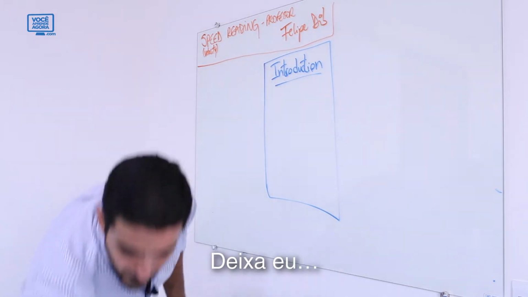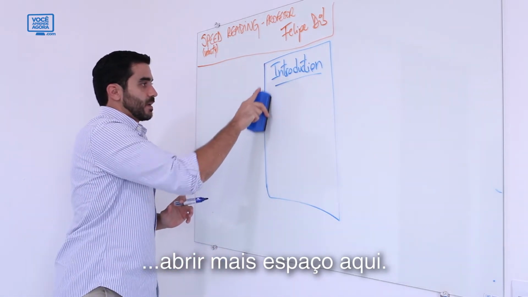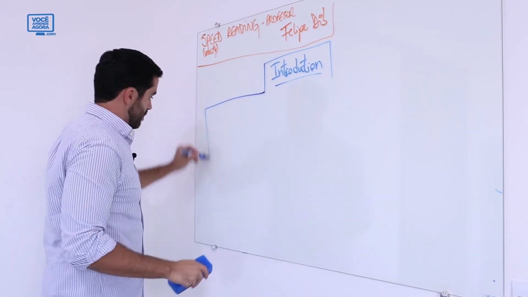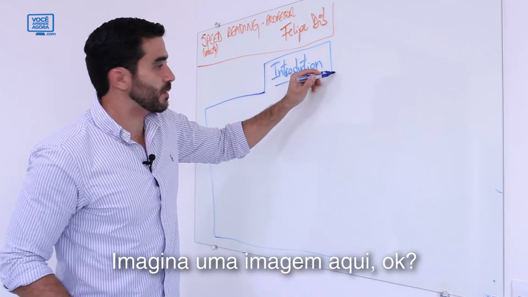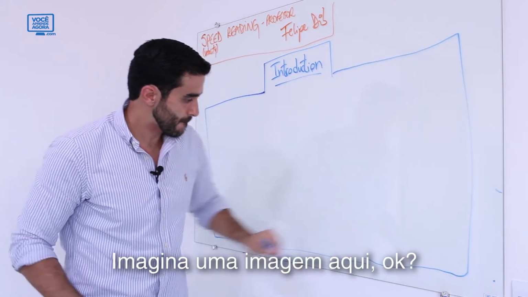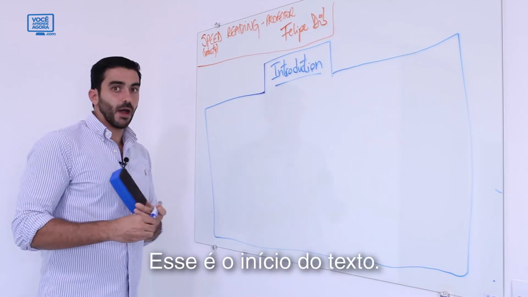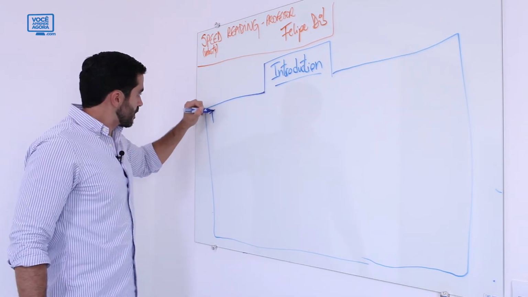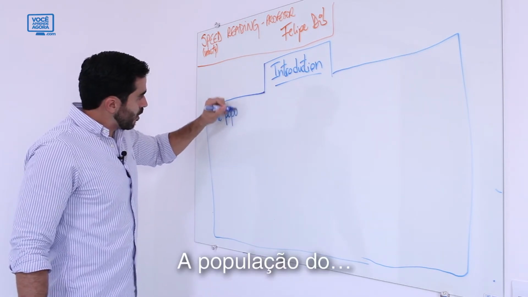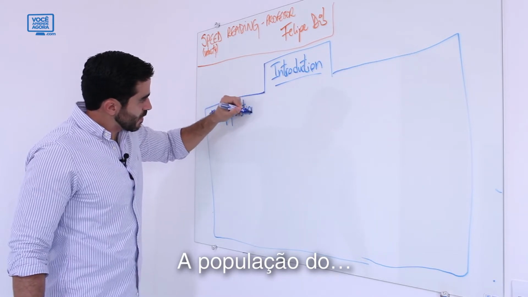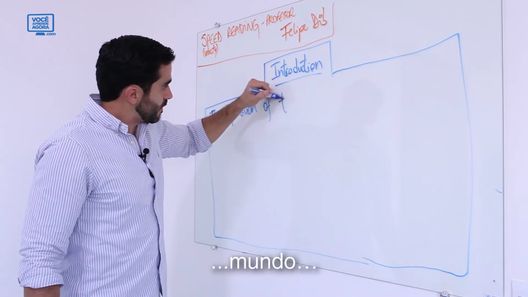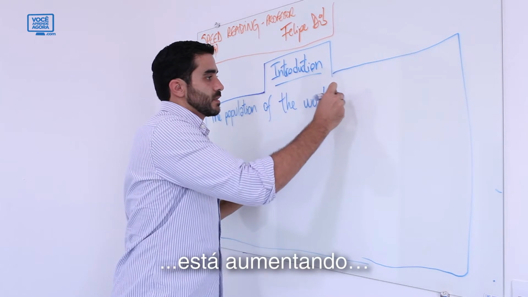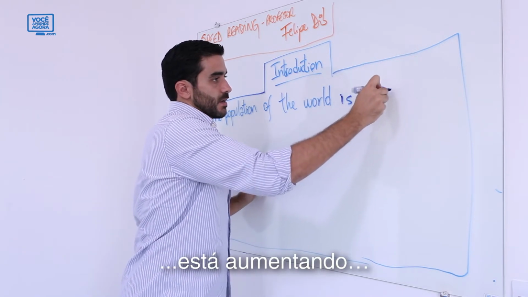Imagine a page here, okay? All right. Introduction. Opa! This is the start of the text. The population of the world is increasing.